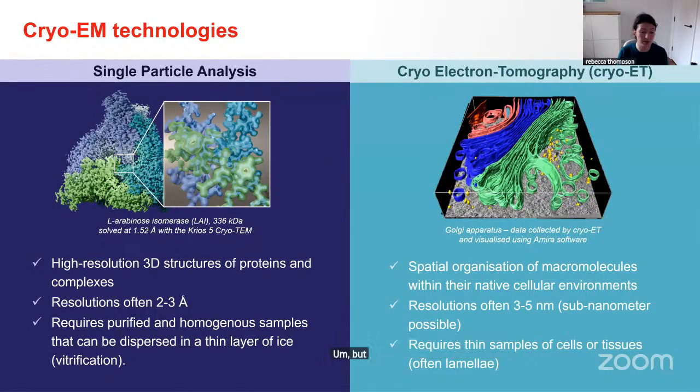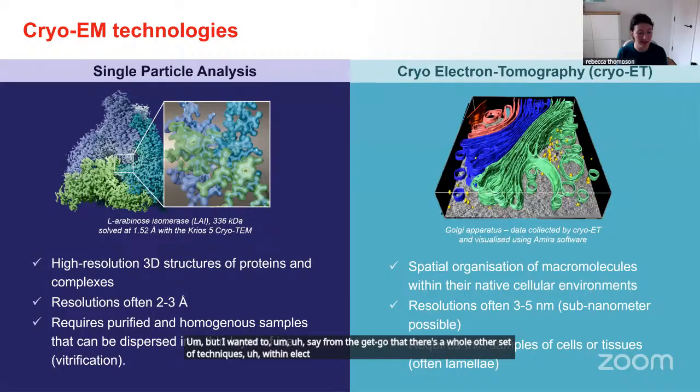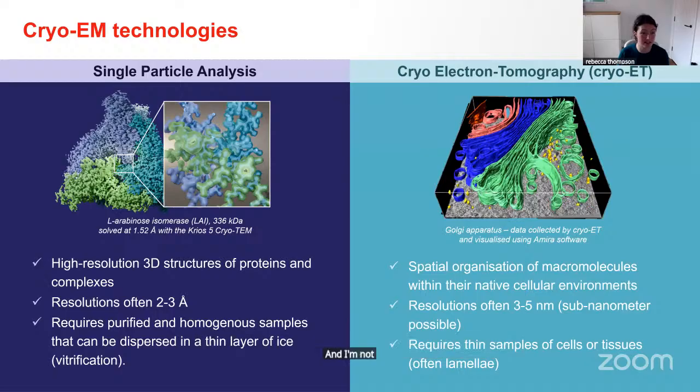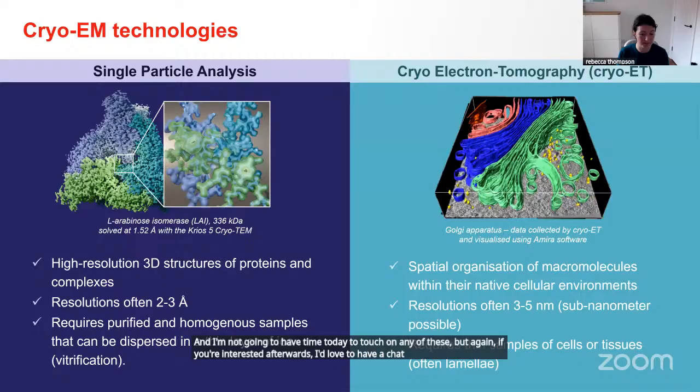But I wanted to say from the get-go that there's a whole other set of techniques within electron microscopy, cryo-electron tomography, which are especially suited also to looking at cells and tissues and proteins within these cell and tissue environments. I'm not going to have time today to touch on any of these, but if you're interested afterwards, I'd love to have a chat further.